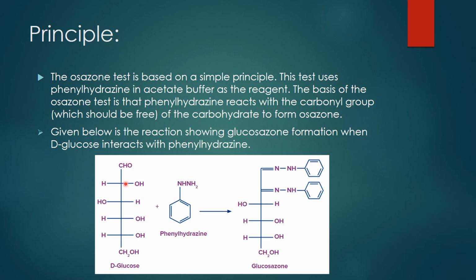Okay, so the reaction with phenylhydrazine will be at these two carbons: carbon 1, which contains a carbonyl group, and also carbon 2, as you see in the result.